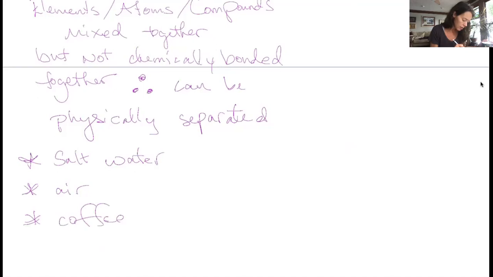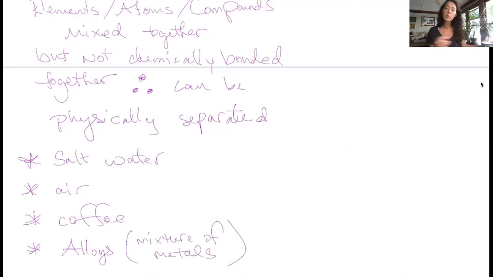Anything that's the same throughout. Alloys, let's go ahead and put that on here. An alloy is a mixture of metals, and those are evenly dispersed in that mixture, okay? So that would be a homogeneous mixture.